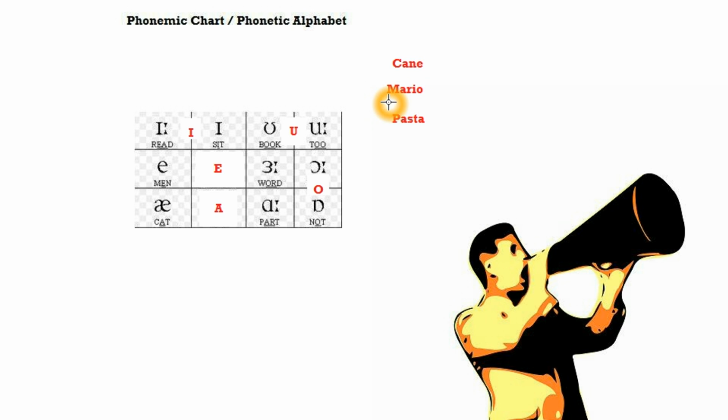Mario doesn't read Mario, it reads Ma-ri-o. You basically pronounce each letter individually, and that sound doesn't get altered, and it stays the same no matter what word or what context.